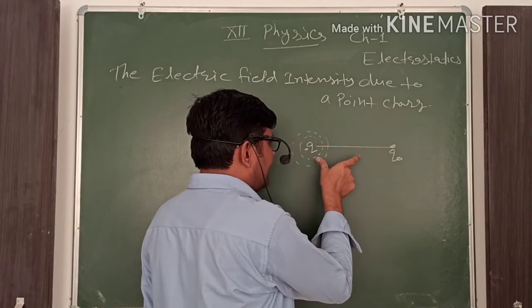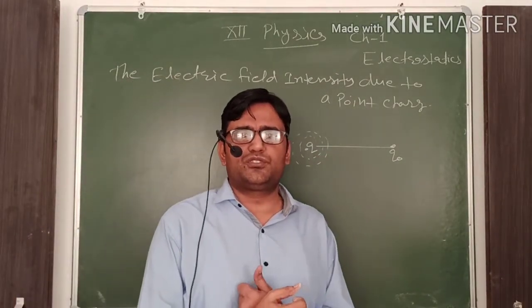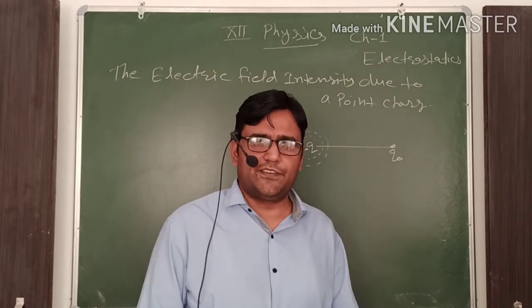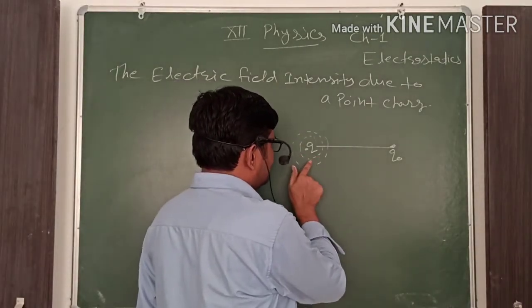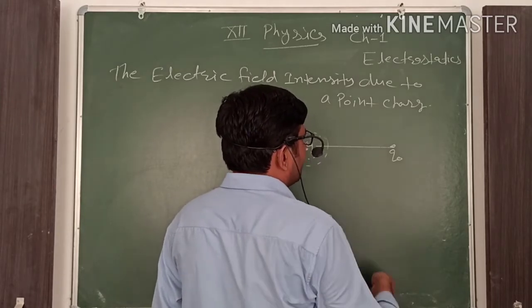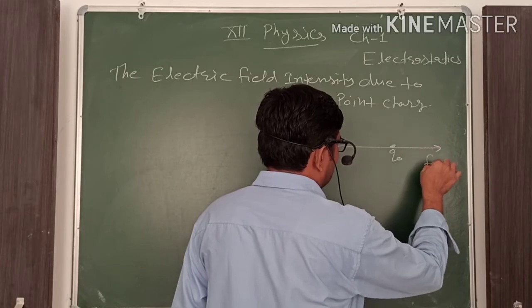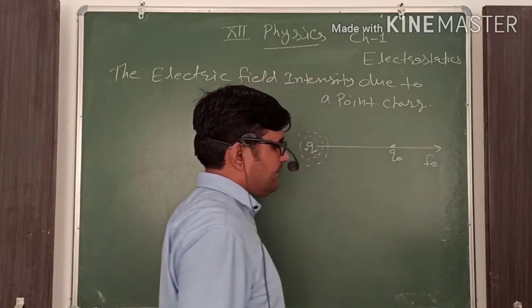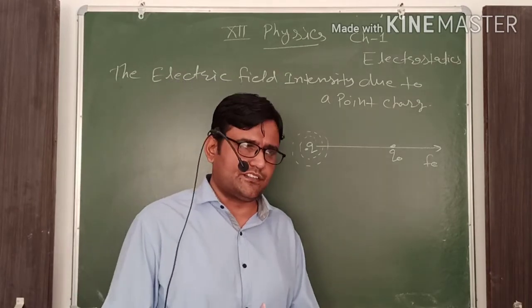That's why they are the same in nature. It means the force between these two charges is a repulsion force. This source charge Q applies a repulsion force upon that test charge. That's why the direction of the force is outward.